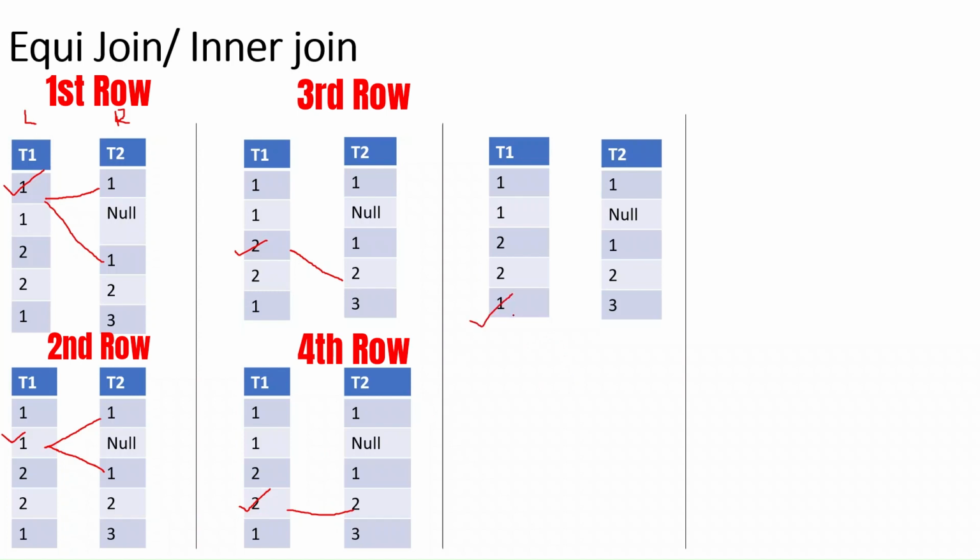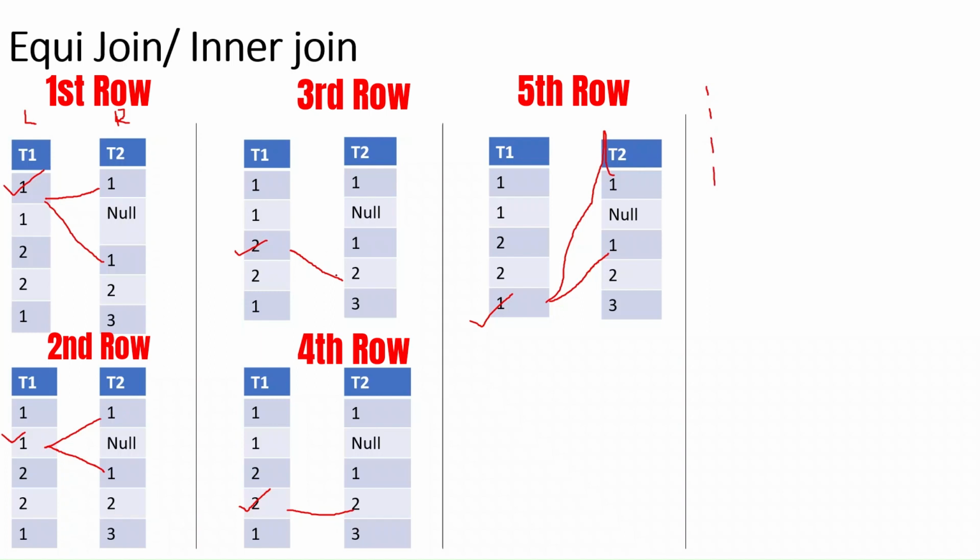Now move on to the fifth row. This one is matched with the first row of the second table and the third row of the second table. Now write the output. From the first row, we got 1 1, 1 1. When we see the second row, we got 1 1 matching, so write 1 and 1.